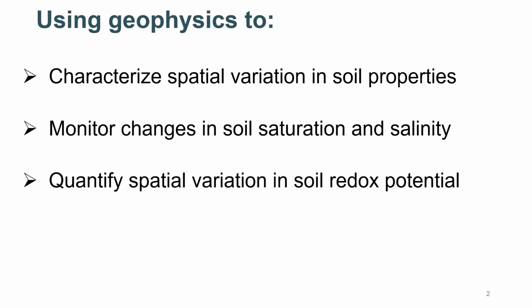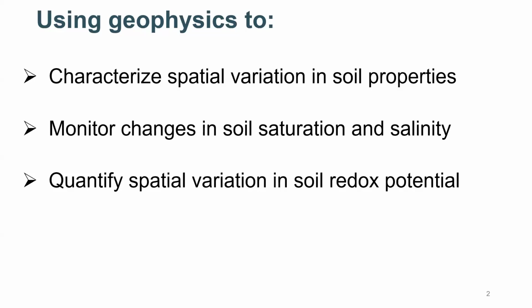So the first theme I wanted to show was the simple use of geophysics to characterize spatial variation in soil properties. I am sure as scientists who are interested in coastal systems or soils across the coastal interface, we are sometimes saddled with the responsibility or have need to understand how soil texture, as simple as it is, varies across the soils that we are working on.